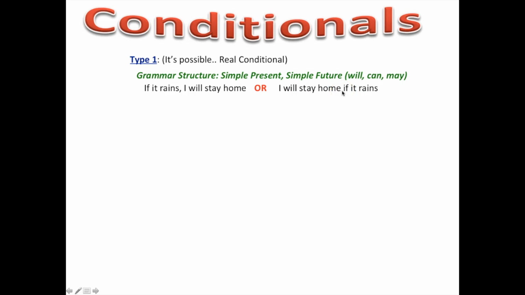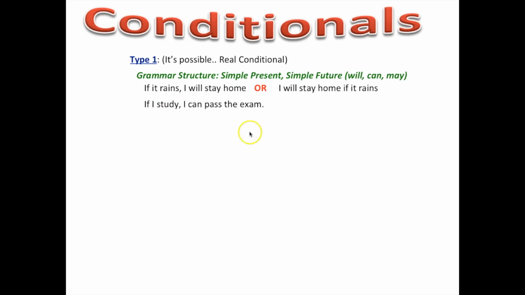The next example we have is, if I study, I can pass the exam. Notice that here we're using can. If you take a look at the class on permission, we talked about using can for permission. But here we have another use of can, which is ability.